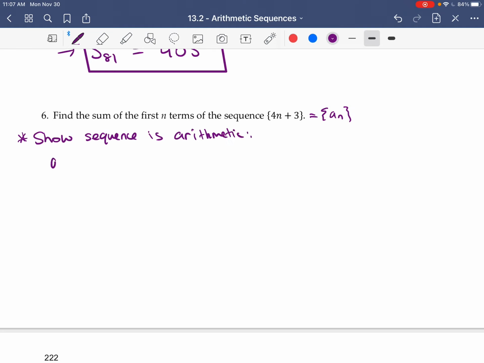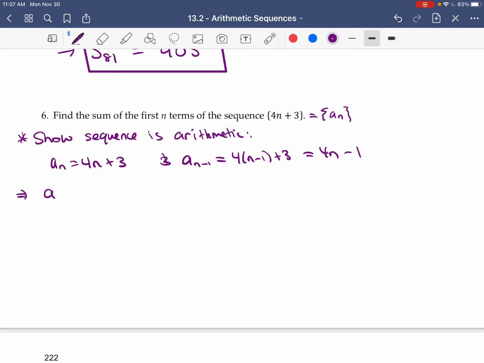Okay, so a_n we know is 4n plus 3, and a_(n-1) is 4(n-1) plus 3. So that's going to be 4n minus 4 plus 3, so minus 1.